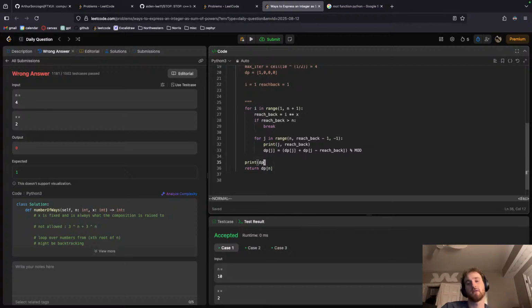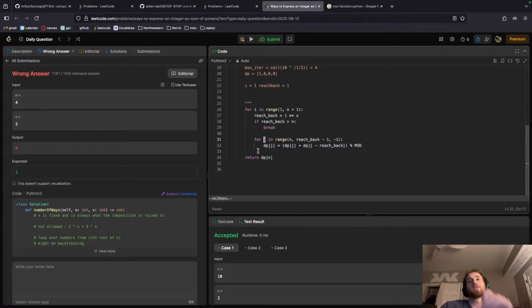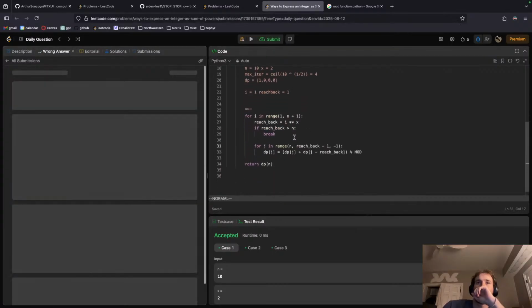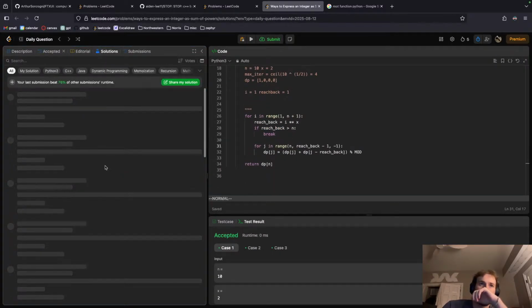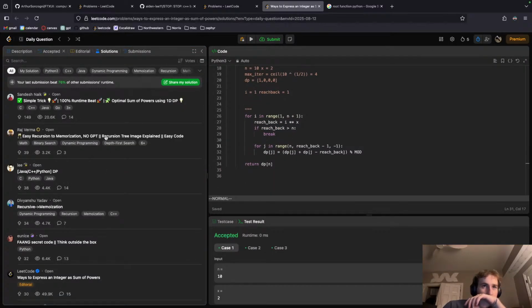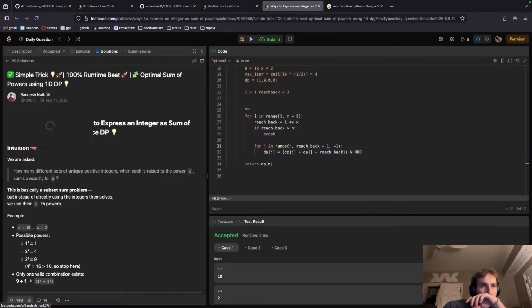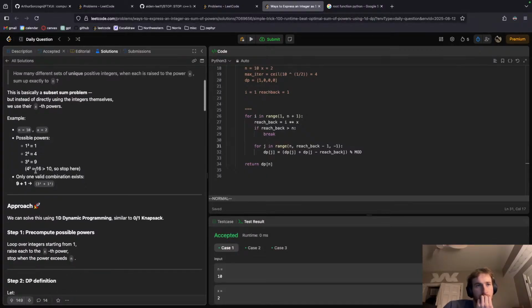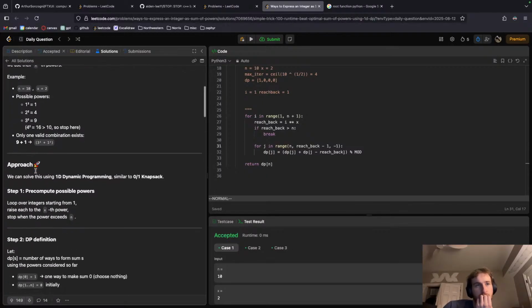So it's just this stupid thing I was doing. Really? It's a 0/1 knapsack?